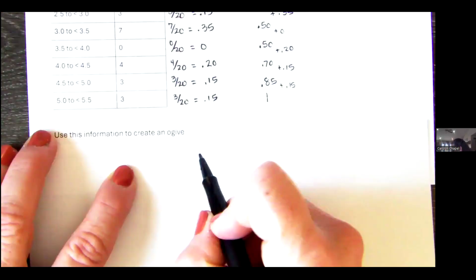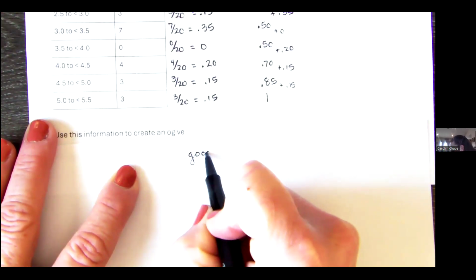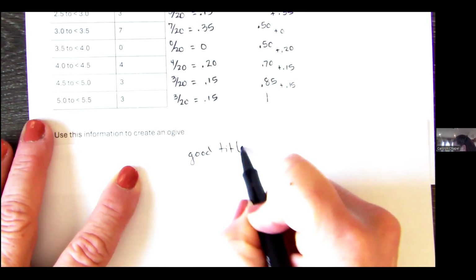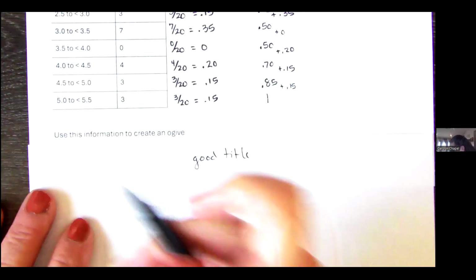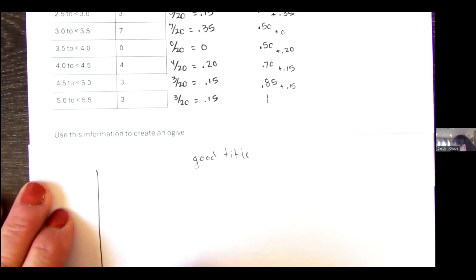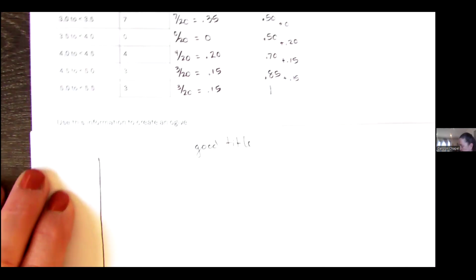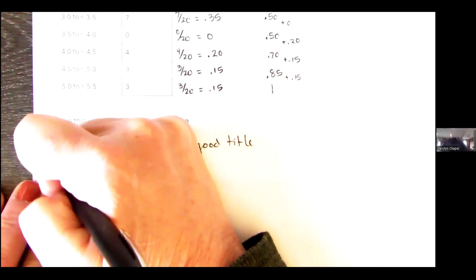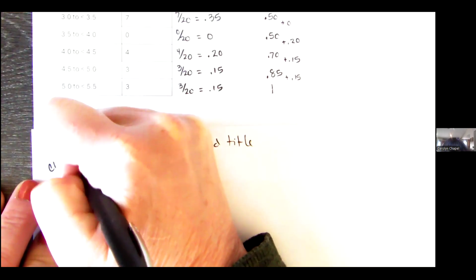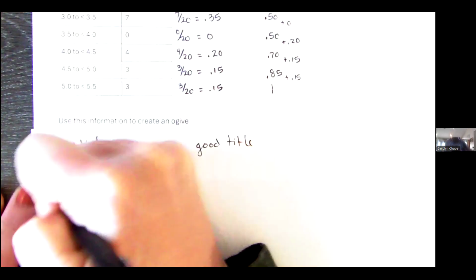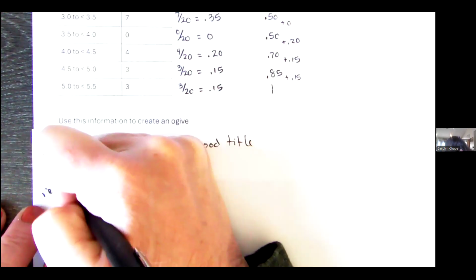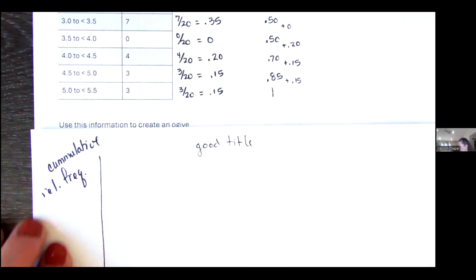Okay, so again, to create a graph, we will have a good title. I'll let you guys choose your own favorite good title. Here we will have our axes, just like we did before. So here I'm going to have the cumulative relative frequencies. I'm abbreviating just to save a little time.